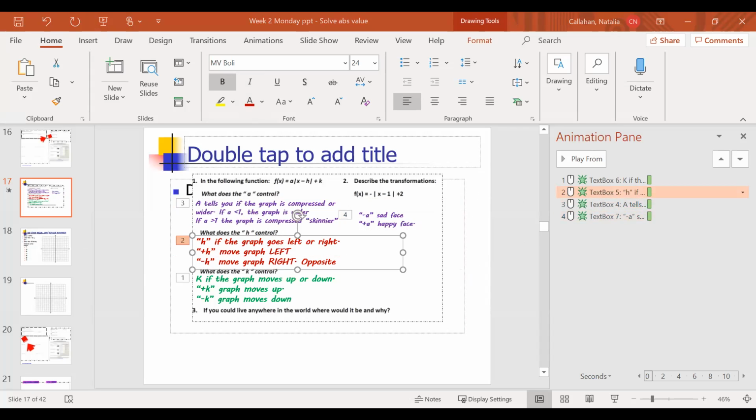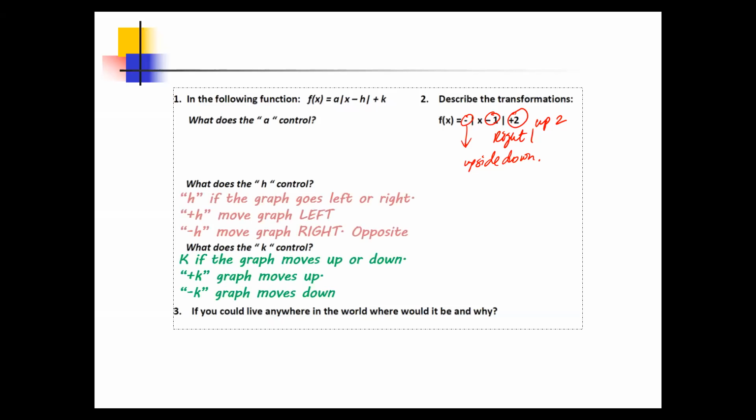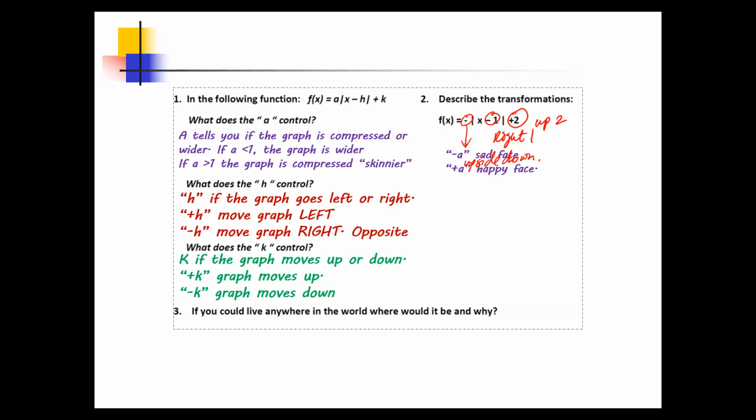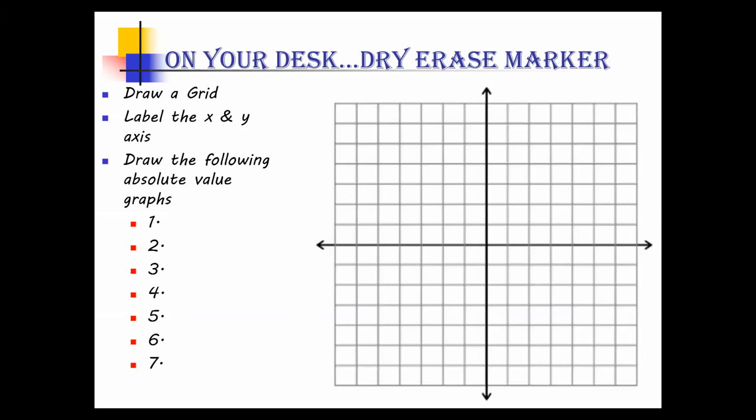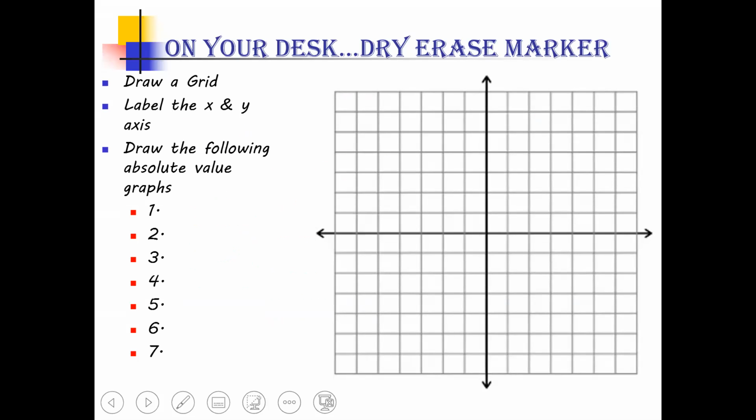All right, you guys. Now what I'm going to have you do is I'm going to go ahead and draw a grid. I'm going to give you the graphs, and you're going to draw them on this grid. My first equation is y equals absolute value of x.